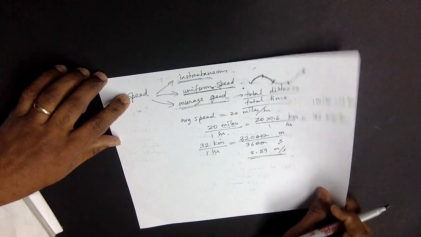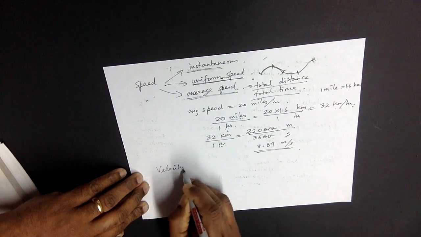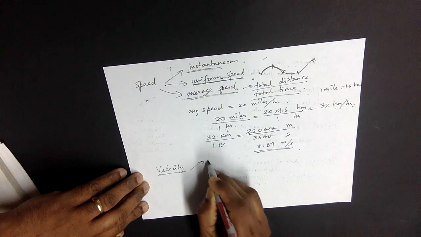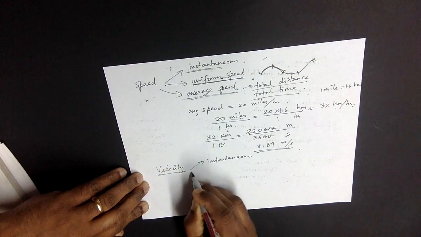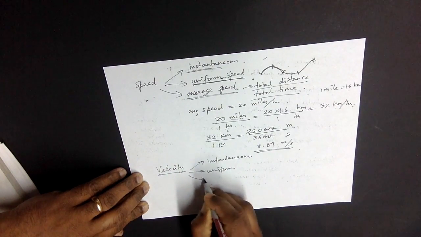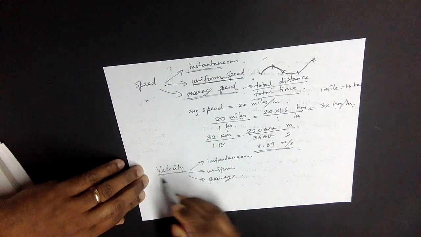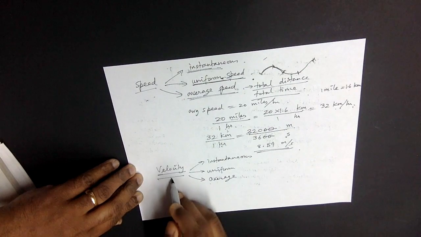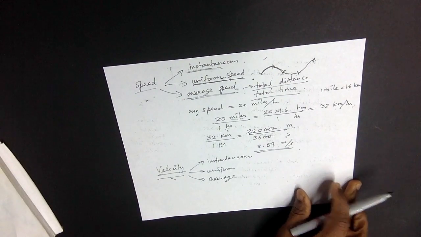Hope things are clear. Similarly, velocity can also be classified as instantaneous, uniform, and average. The only difference between speed and velocity is that velocity has a sense of direction while speed does not have a sense of direction.